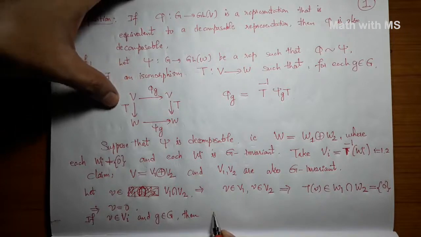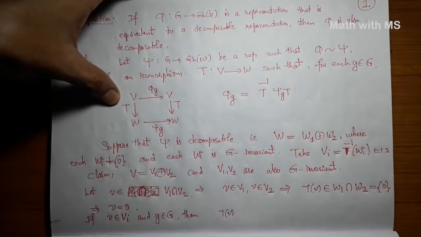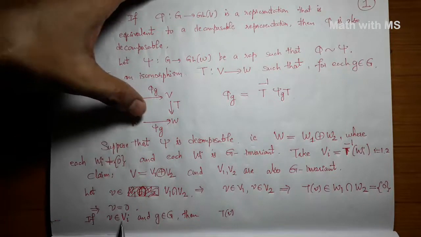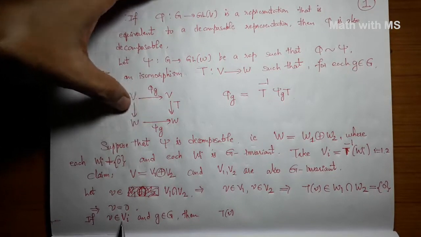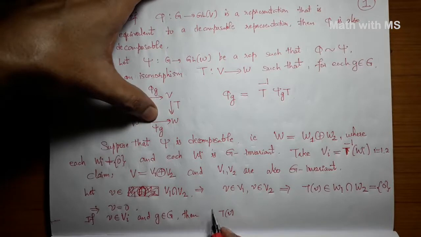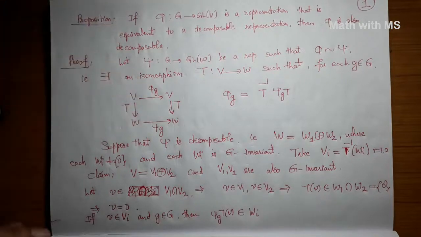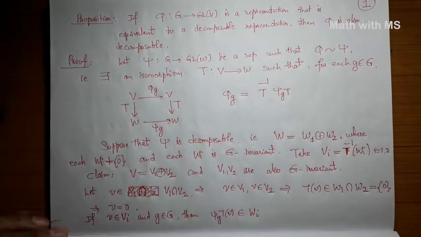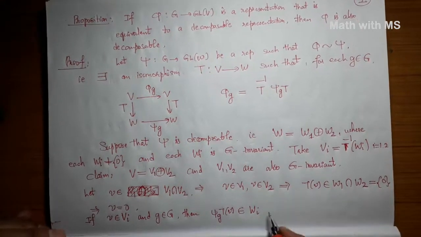So T of v is an element of Wi, and that is G invariant under the second representation, that is, under the action of psi g. So that means this psi g of Tv has to be in Wi. Okay. But then what does it give?